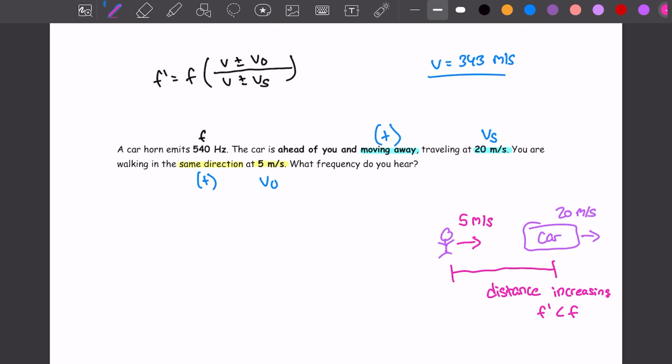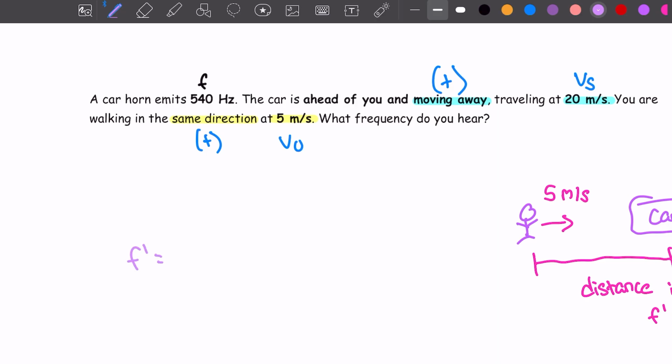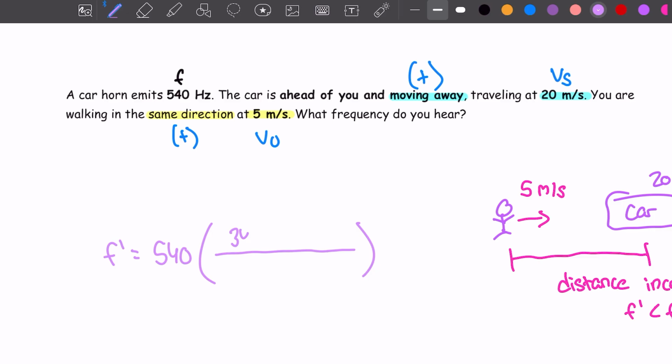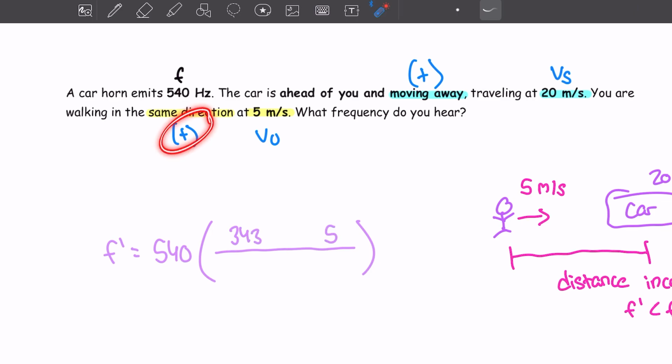Now we can plug everything in. We have f prime is equal to 540 multiplied by 343, and we picked the plus sign over here, plus 5 over 343. We also picked the plus sign for the denominator, plus 20.